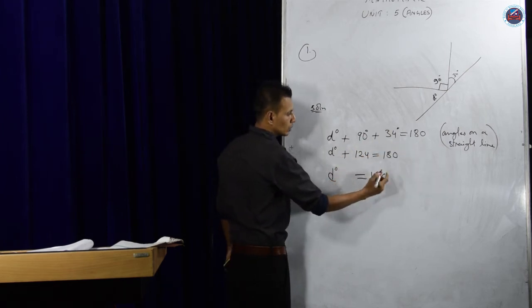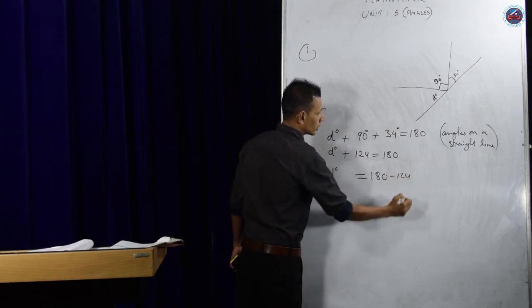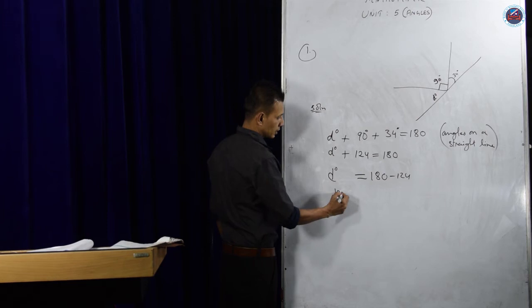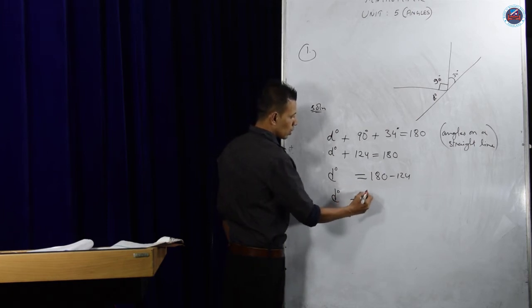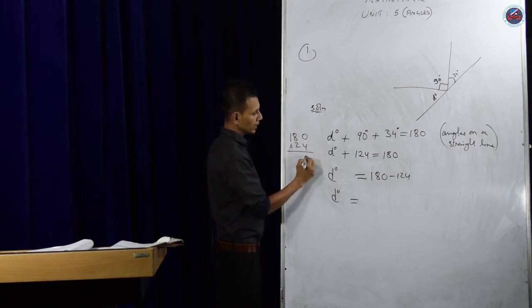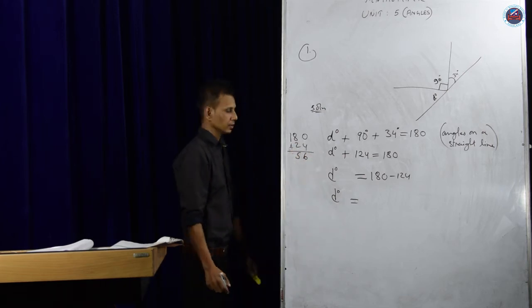Plus 124 will become minus 124. Do you agree? D equals 180 minus 124. Do it. 180 minus 124 is 10 minus 4, 6, 5.